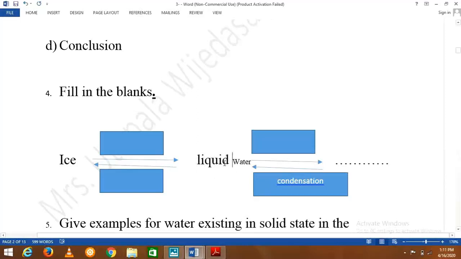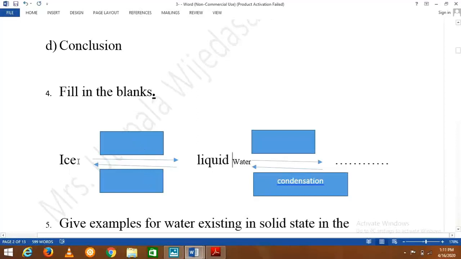Then this liquid water on cooling, when you keep some water in a container in the freezer, it will be frozen into ice. So here you can say freezing or cooling.